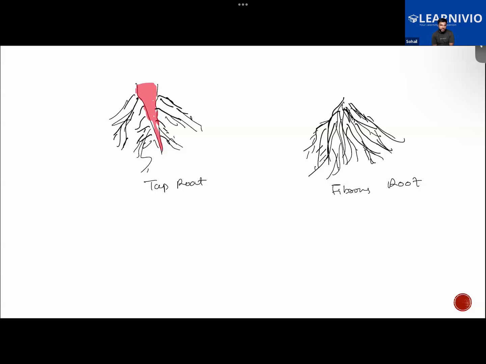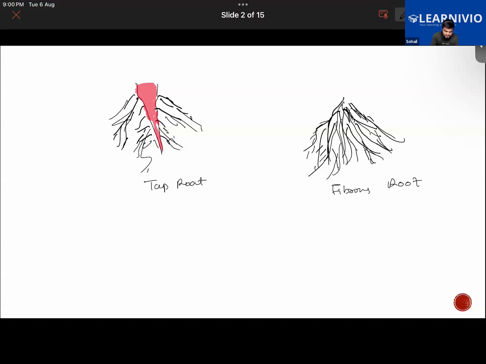Roots search for nutrients and water. Exactly. So what process do they use to absorb? We would be learning about that in detail.